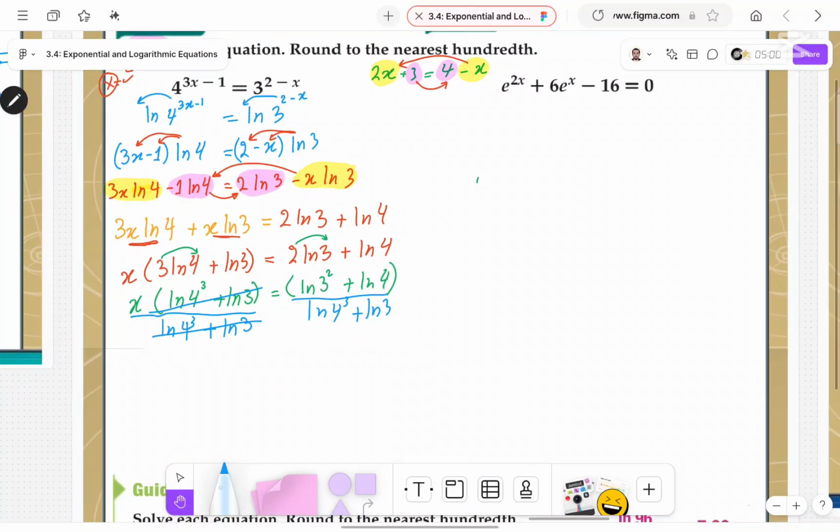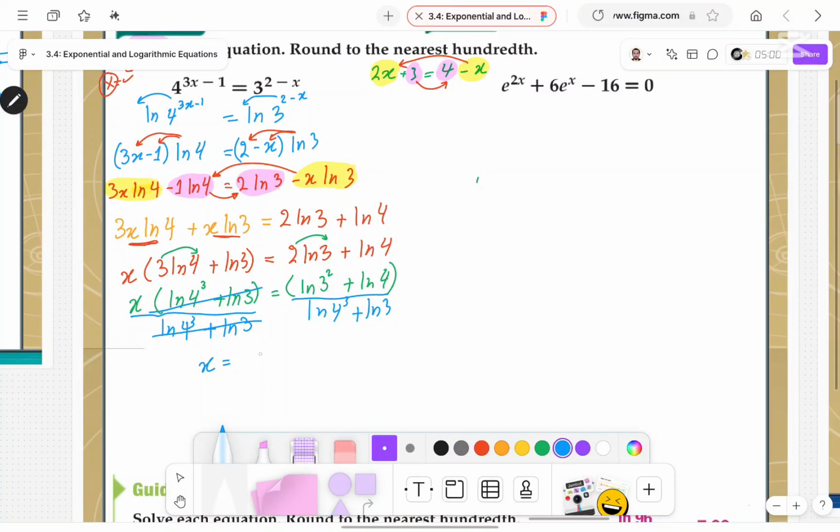So now x is equal to ln 3 to the power of 2 plus ln 4, all of that over ln 4 to the power of 3 plus ln 3. So we can get the answer, which is ln 36 over ln 192.